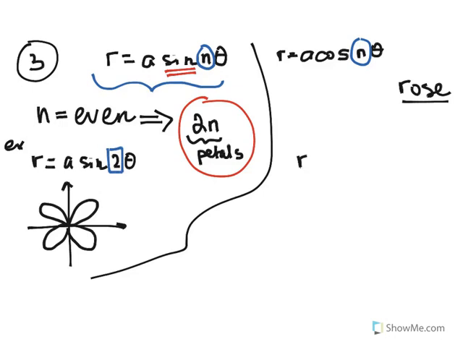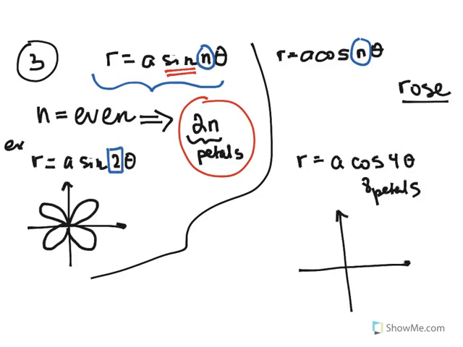Now, let's say you're given r equals a cosine of, I don't know, 4 theta. Same process, you multiply it by 2 because n is even, you get 8 petals. But when it's cosine, then one of your petals is right on the x-axis.